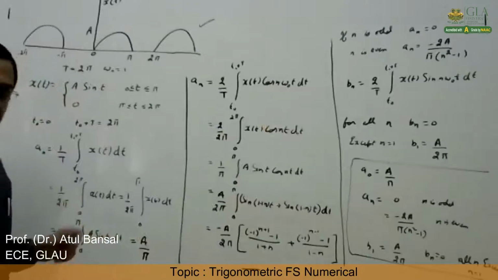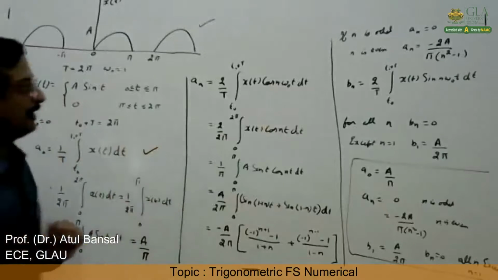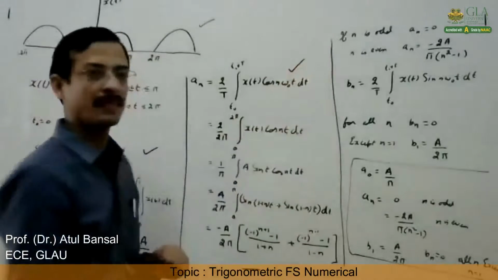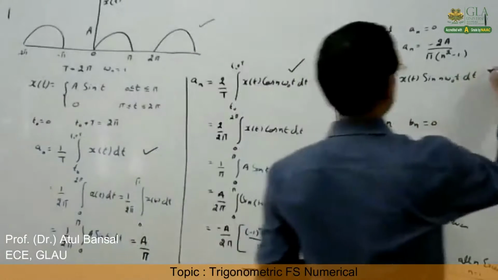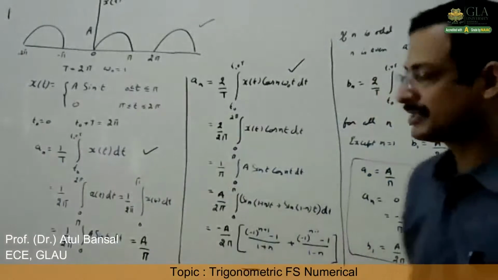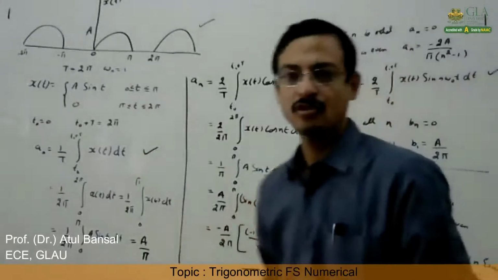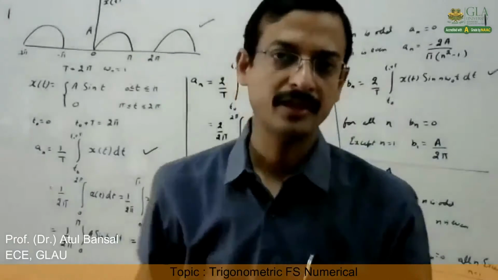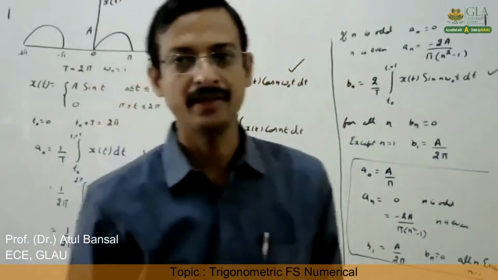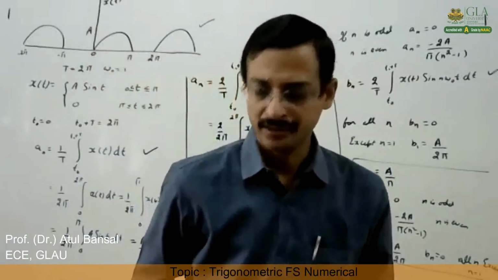Then solve all three integral formulas: the formula for a naught, an, and bn. While solving this, you might require your basic knowledge of trigonometry and integration. So that is how you have to evaluate any signal and obtain its Fourier series. So we will stop over here. Thank you.